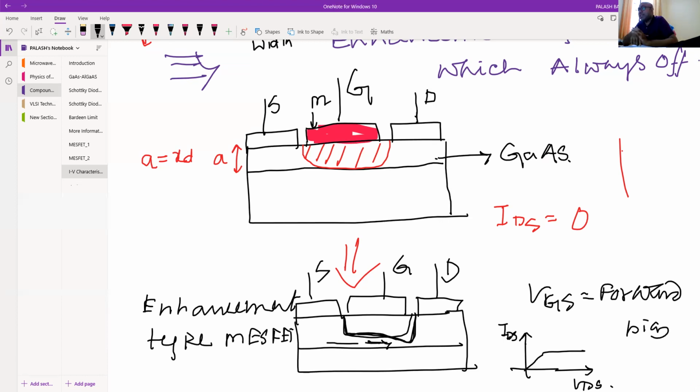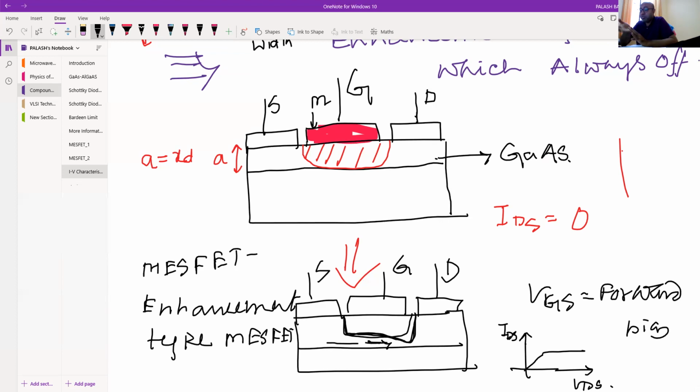So try to look at these things. Look up the enhancement type MESFET structure on Wikipedia, Google, or YouTube, just to get much more idea on it. I think that is sufficient, and I will take it up in my next lecture on velocity overshoot in MESFET, for both depletion type and enhancement type. For enhancement type, I have not discussed anything, I just gave you a clue.